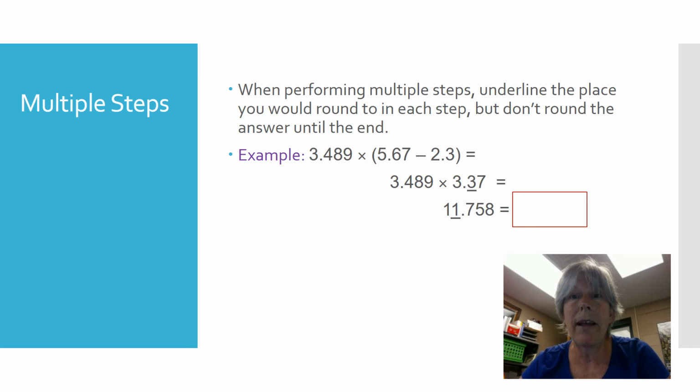When you're doing a problem that has multiple steps, what we do is we don't round anything until the end. We underline the place that we would have rounded in each step, and then we don't round until the end.